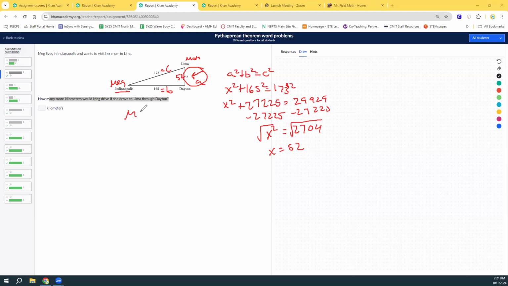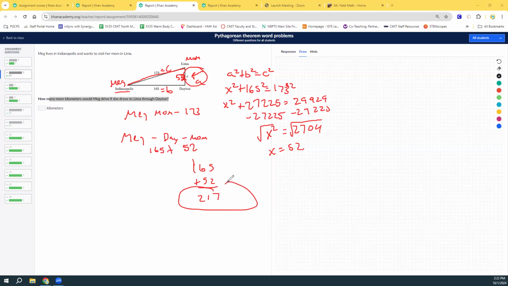So from Meg to mom, it's 173 miles. But if she wants to go through Dayton, Meg to Dayton to mom, then she's got to go 165, and then she's got to go 52 more. So I have to add those together to get the total distance from Meg to mom through Dayton.